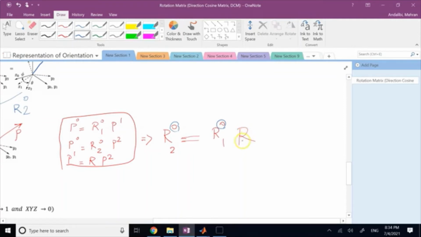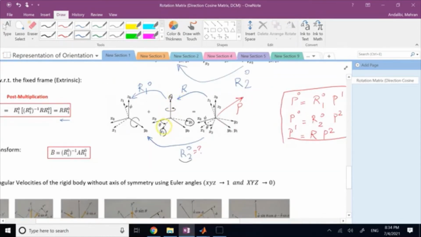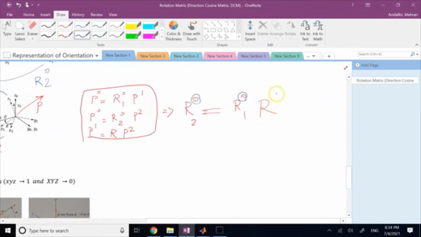This one, where did you start it off? You started off in frame 1. You move from 1 to 2 with this R. So whatever it is, the reference of it is frame 1, because I started with 1 and went to 2 using capital R. But remember, I told you in an equation, if we have some matrices or vectors and they are multiplied, added, anything, all of them have to be written in the same frame.